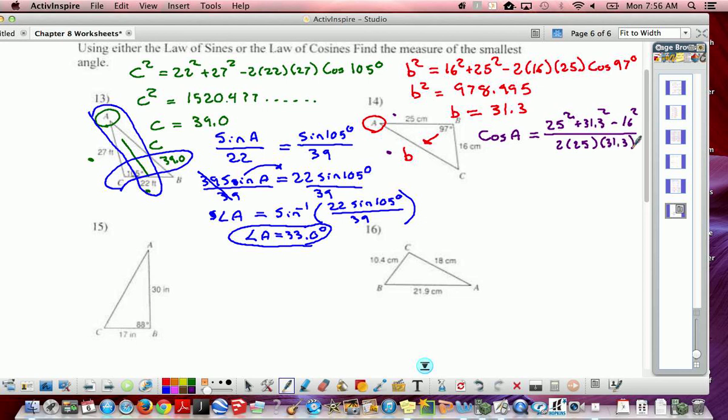When I do the top part on my calculator, I get 1348.69. The bottom part ends up being 1565. Then when I go cosine inverse of this fraction, I'll get angle A to be about 30.5 degrees.